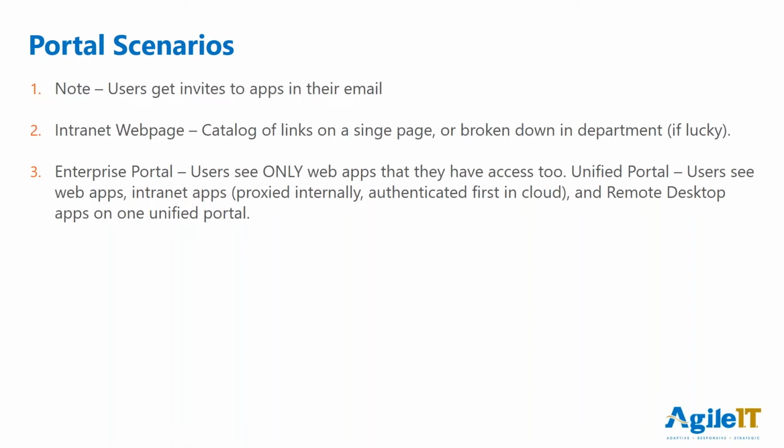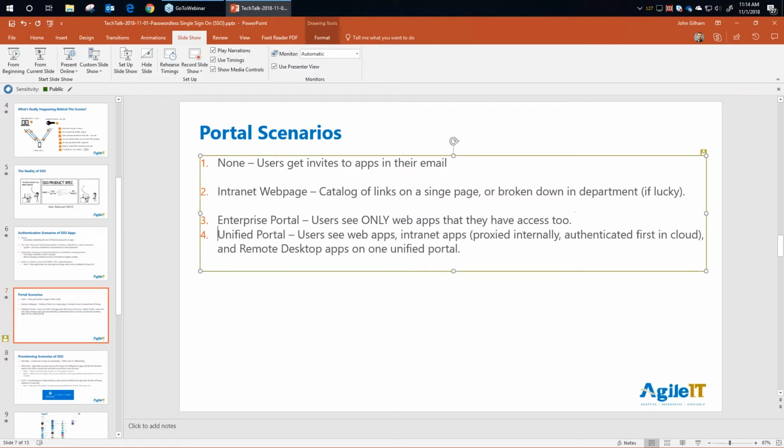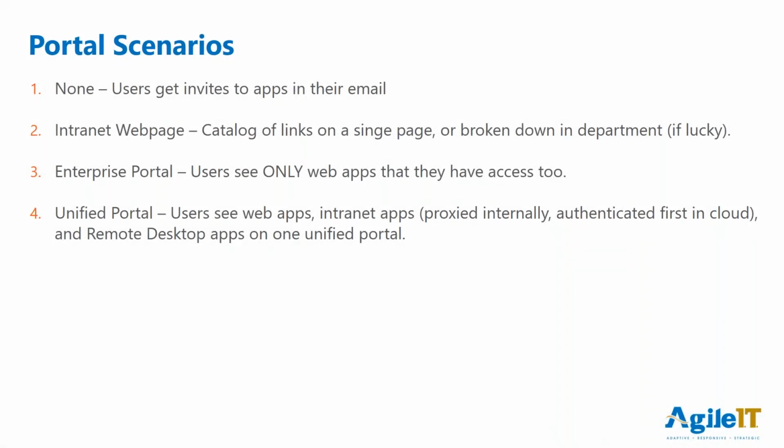I apologize, the line didn't break, but there is this additional unified portal that we can do. And that has to do with conditional access and Azure AD enhancements to actually tunnel external app access through the internet and through Azure AD's conditional access and authentication, for pre-authentication, and tunnel to internal web apps.